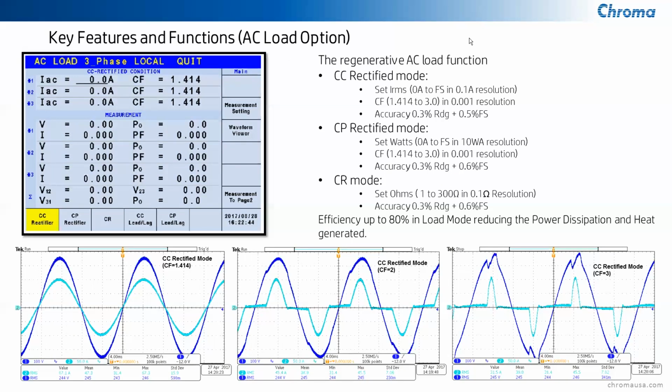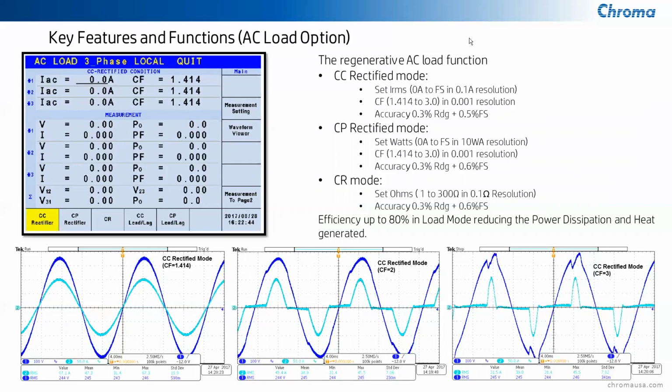We can also set different, what we refer to as, crest factors. If you're familiar with crest factor, it's a high peak with maybe a shorter duration of time within a cycle. We can do that very easily with our front panel controls built into the unit, and you can also control it from our software.